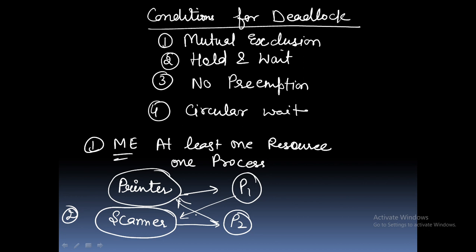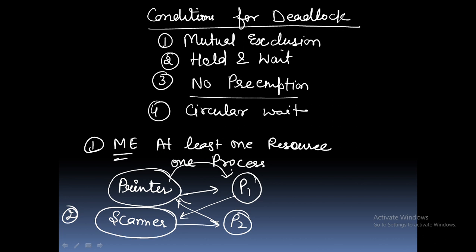Now the third condition is no preemption. No preemption means once a resource has been allocated to a process, for example when the printer is given to process 1, it cannot be preempted. It means a resource cannot be snatched forcefully. P2 cannot snatch this printer from P1 forcefully and give it to another process. A process must release the resource voluntarily by itself.